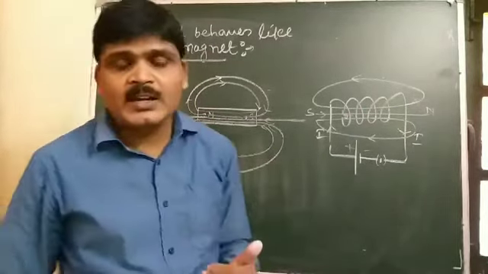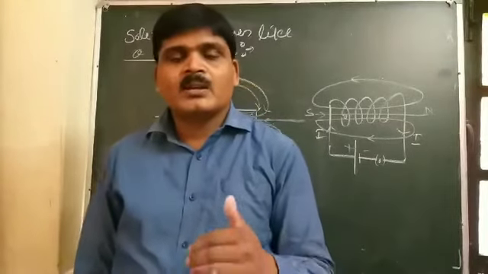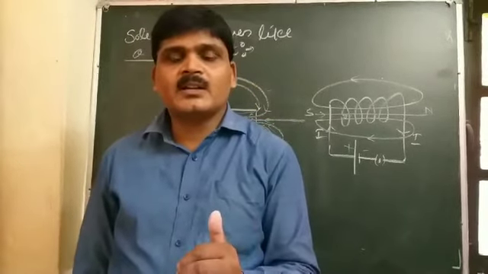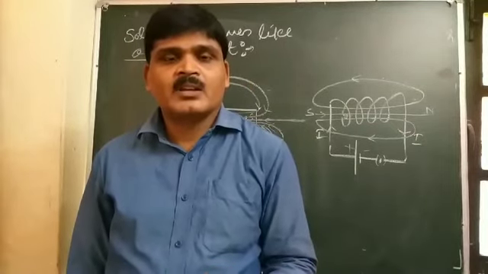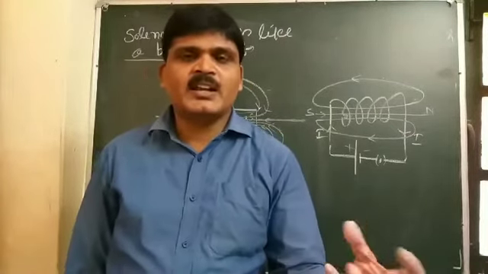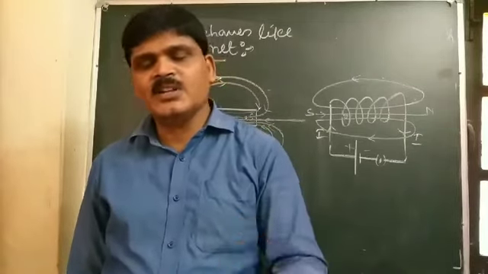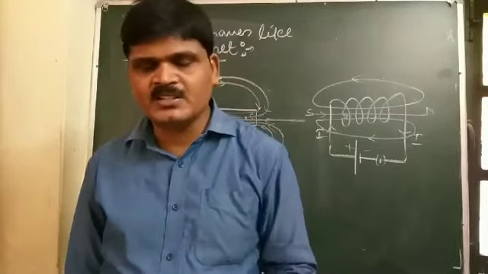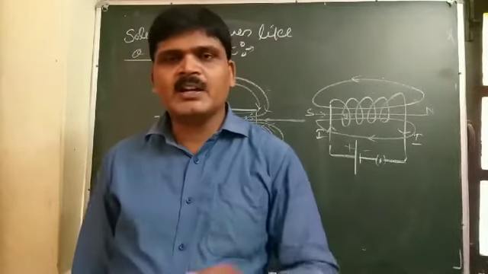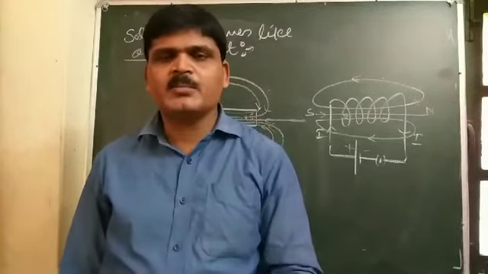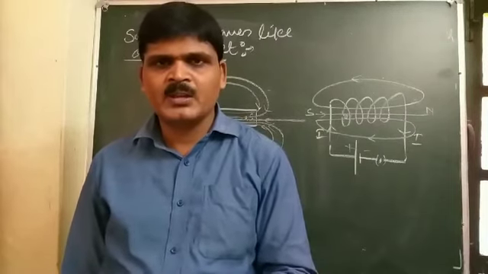So what are magnetic field lines? Magnetic field can be represented. You already know what a magnetic field is: the space around a magnet or current carrying conductor within which its effect is experienced is known as the magnetic field. And the magnetic field can be pictorially represented by magnetic field lines.